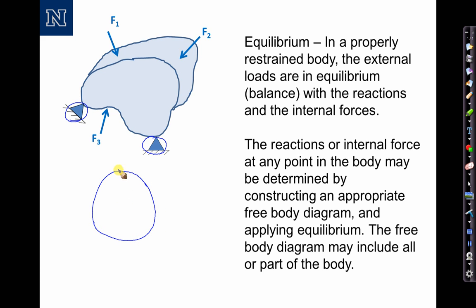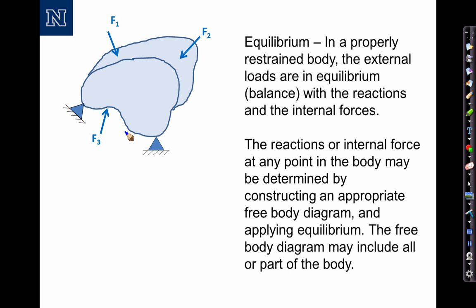And I would reconstruct the loads acting on the system, F1, F2, and F3, as well as replace these supports with external reactions, which I'm going to label R1 and R2. I draw an arrow with a slash through it, which indicates that it's an unknown. Notice that I'm not concerned about the components here. I'm just being very general at the moment.